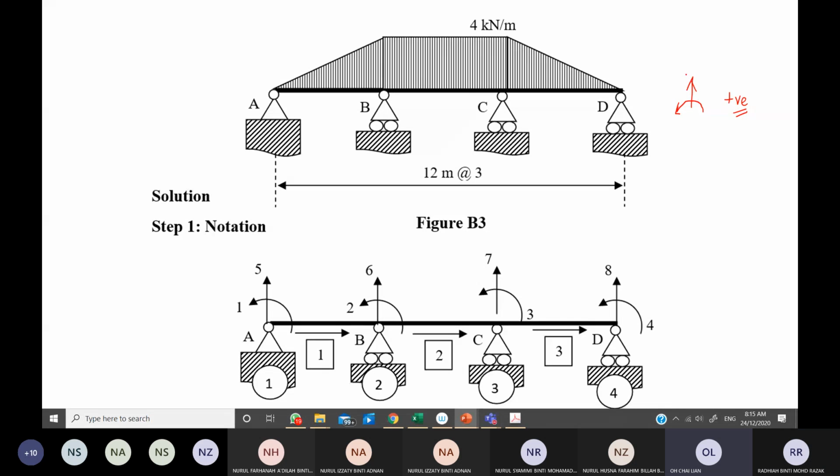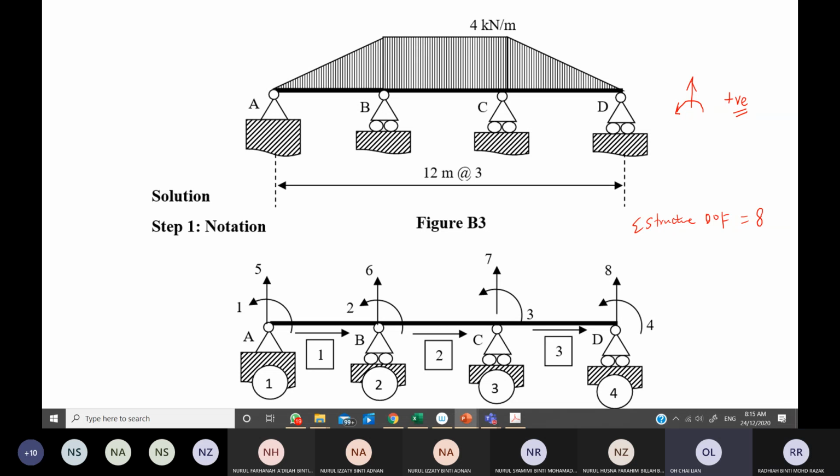Now you need to place this DOF at each of the nodes. Therefore, you have a total structure DOF of 8, which also reflects your structure stiffness matrix later with the size of 8 times 8.